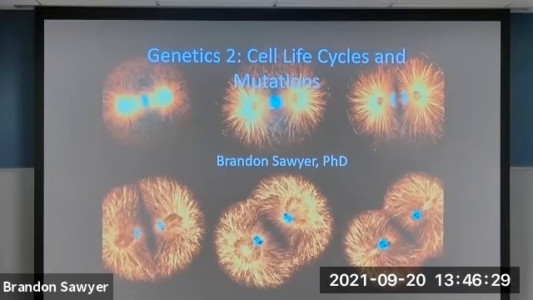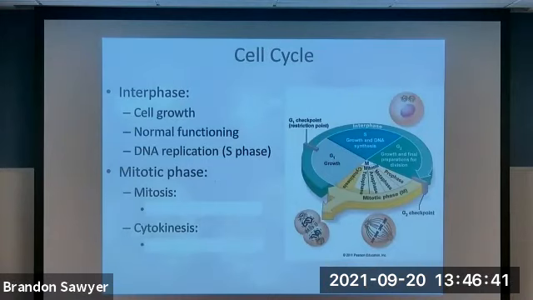Okay, so we're going to dive into a little bit more on genetics here today. Talk about the cell life cycle, and then talk about some genetic mutations. This was what we were just talking about with that S phase, where the DNA replication or DNA synthesis happens. There's a whole large time period in the cell cycle called interphase.